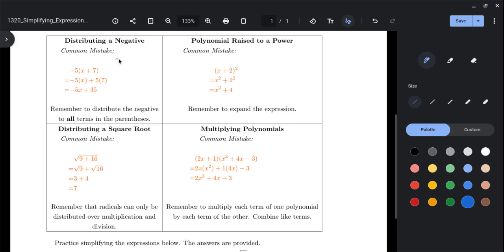So let's go ahead and correct this mistake. Here's where they went wrong, and let's fix it. So if we have -5 times x plus 7, we're going to do what they did to start. They're going to do a -5 times x. But then we're also going to do a -5 times 7.